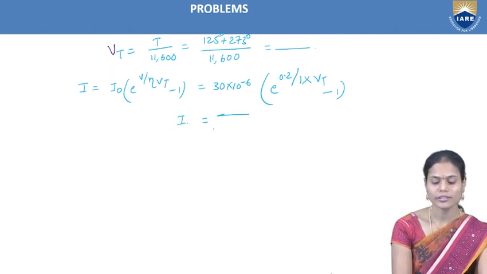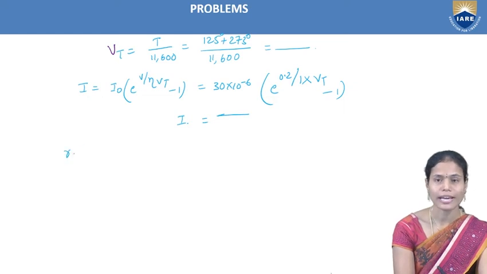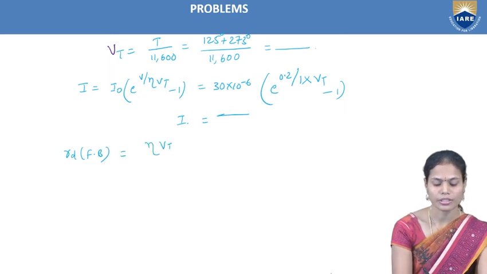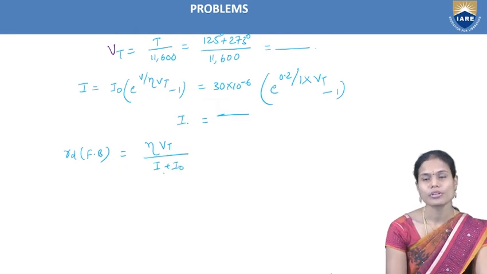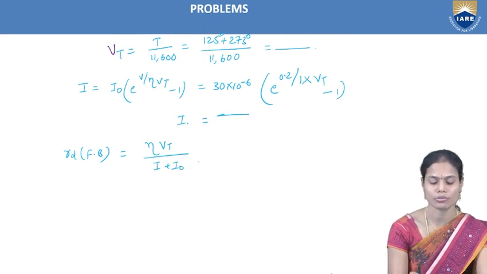After finding the diode current, next we have to find the dynamic resistance Rd in the forward bias condition by using eta Vt by I plus I naught. If we use this particular expression, we cannot utilize the forward voltage as well as the reverse voltage.